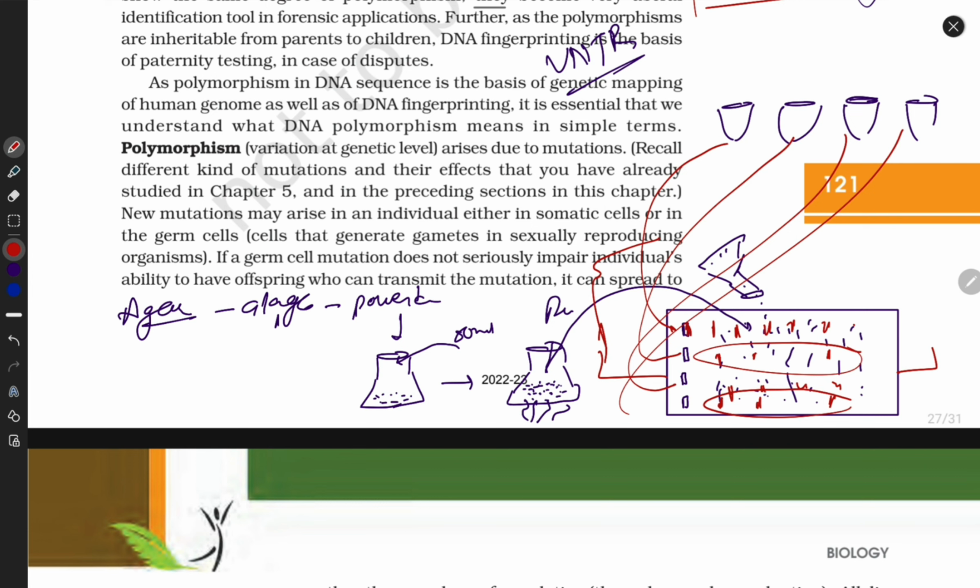Clear or not? Guys, the gel is formed in this manner. If DNA is large in size, it is blocked. If it is small, and very small in size, it reaches forward. Heavy DNA is blocked here, but DNA that is not heavy continues and moves forward. So we get bands in this manner.